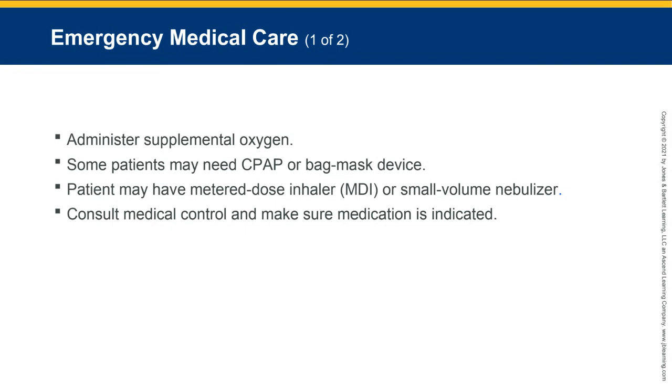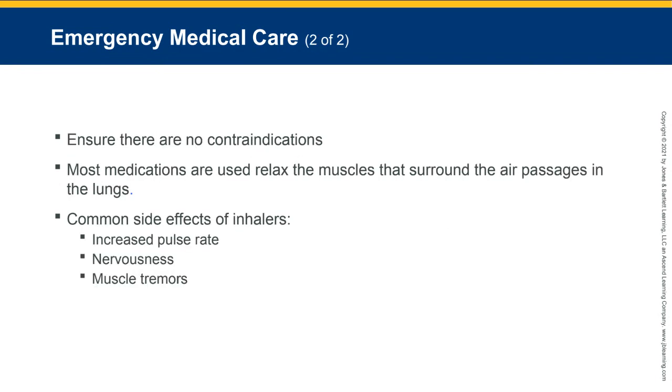Consult medical control and make sure the medication is indicated. Ensure there are no contraindications. Most medications are used to relax the muscles that surround the air passages in the lungs.